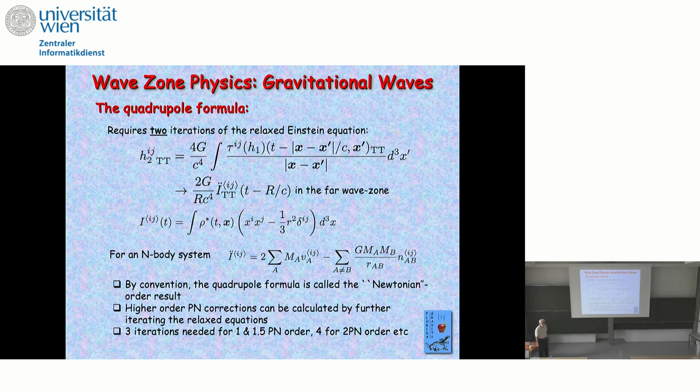This is only important because we have now over the recent years calculated corrections to this term called post-Newtonian corrections. By going to higher order and iterating those Einstein equations, you can calculate corrections, V over C squared corrections to the leading order.